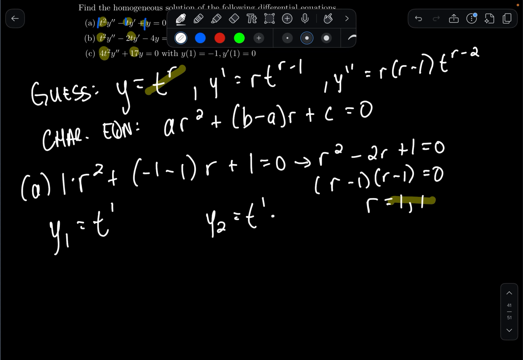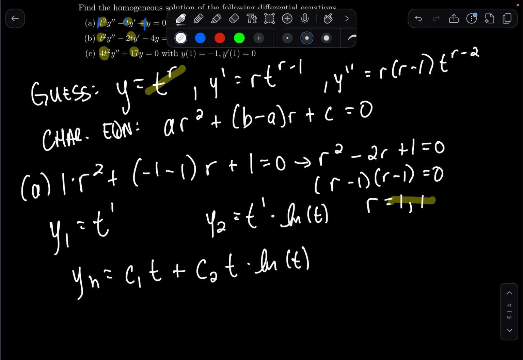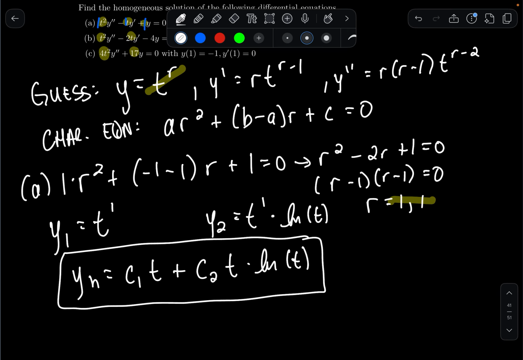And in this case, when we're dealing with Cauchy-Euler, you always multiply by the natural log of t. In the constant coefficient case, you multiply by an extra power of t. In the Cauchy-Euler case, you multiply by a natural log of t. And that gives us the homogeneous solution, c1 t to the first plus c2 t to the first natural log of t, as our homogeneous solution to part A.